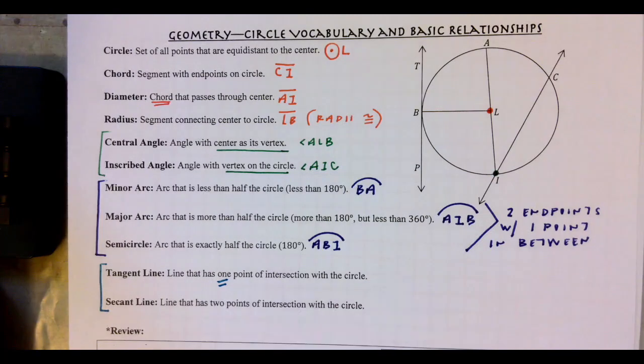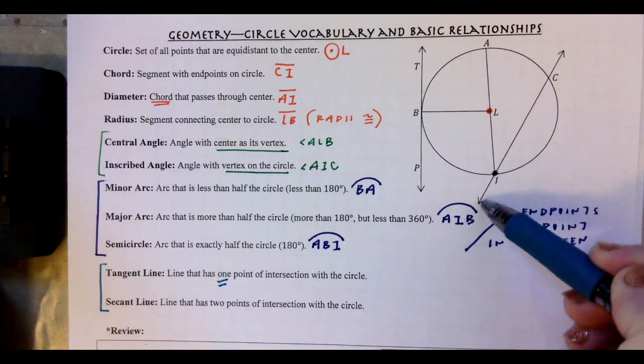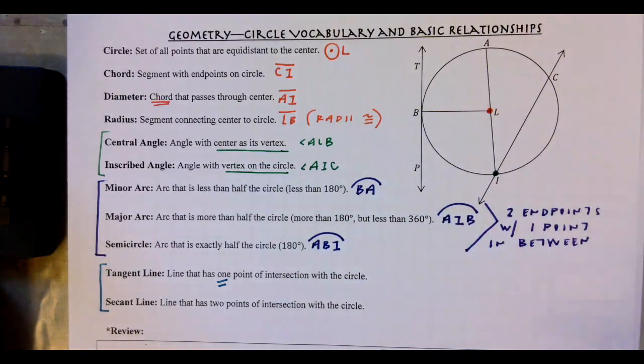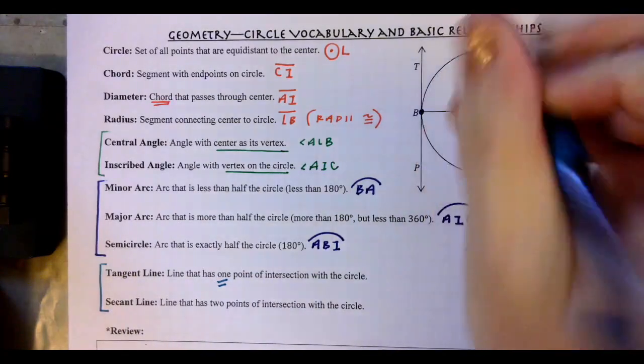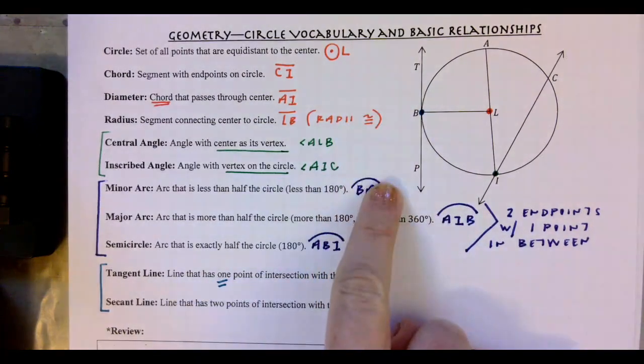So here in my diagram, I have two lines. I see I have this line here and I have this line here. So my tangent line is this one right here because the point where it touches the circle is right here at B. We actually call that the point of tangency. It's the location where it makes contact with the circle. So this right here is my tangent line.